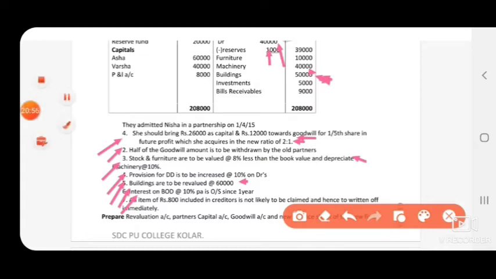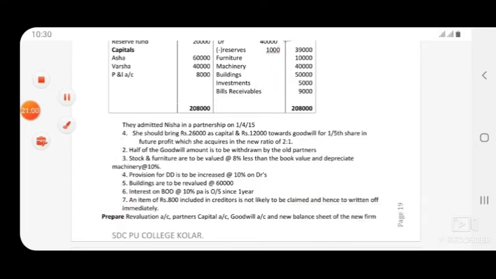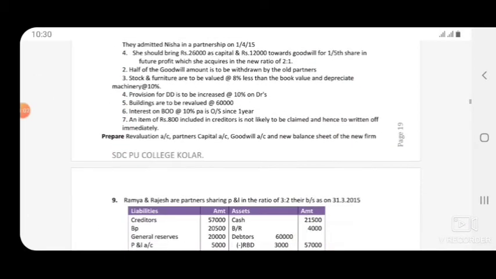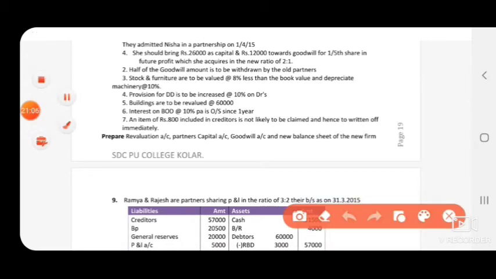Next, you have to prepare the revaluation account, partners capital account, goodwill account, and one more. In this problem I will show you how to prepare the cash or bank account, and next the new balance sheet.